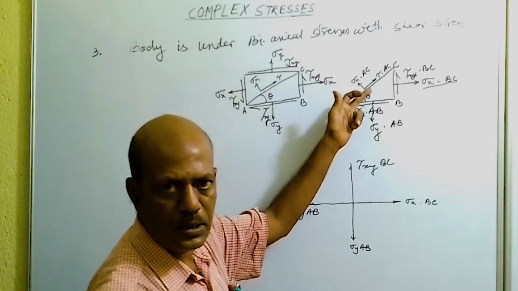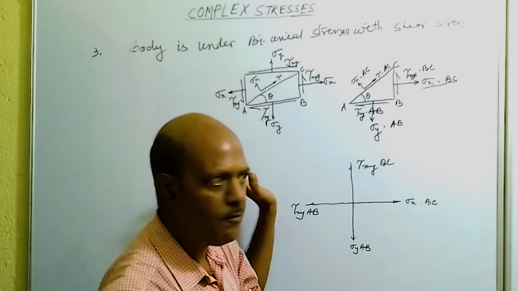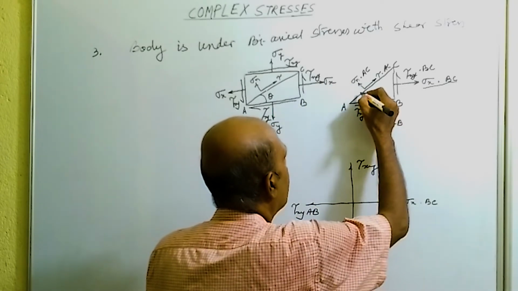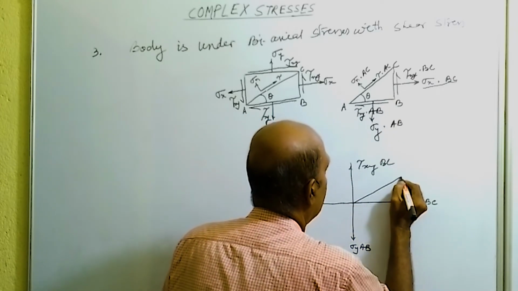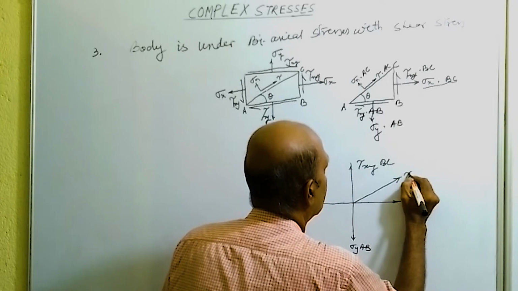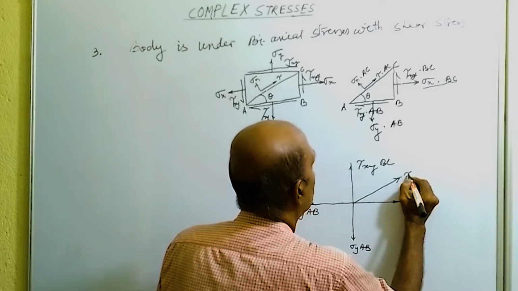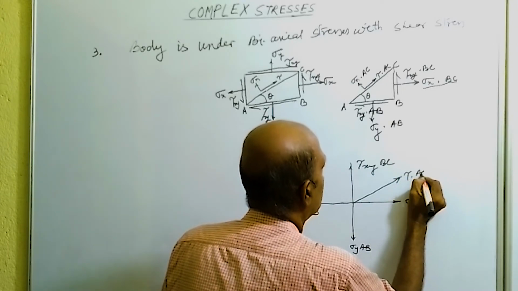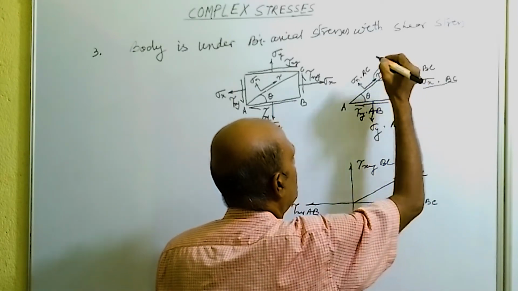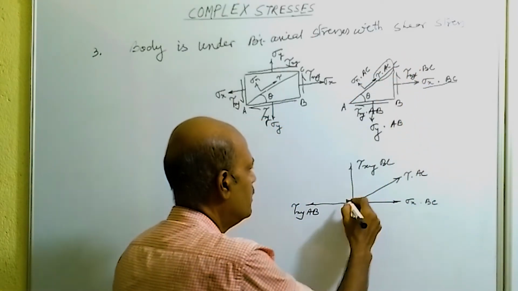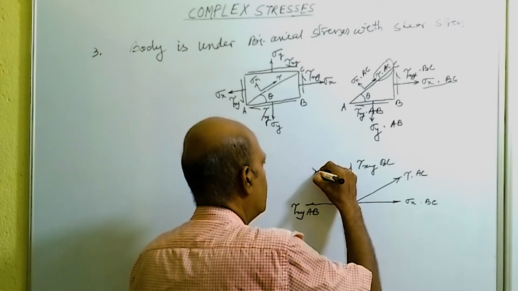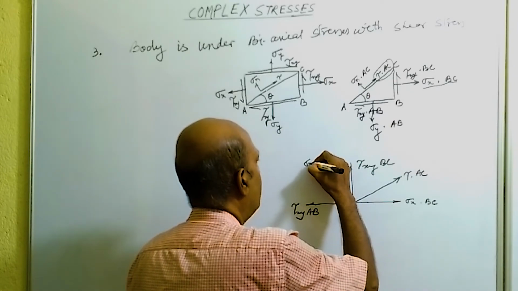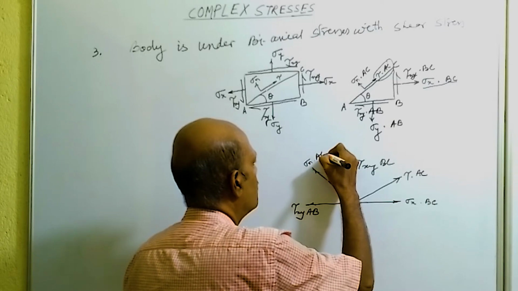And two forces developed on the inclined plane, that is at an angle theta with x direction, that force is given by tau into AC. So this is the force, tau into AC, and with this at an angle 90 degree the normal force is acting, that is sigma n into AC.